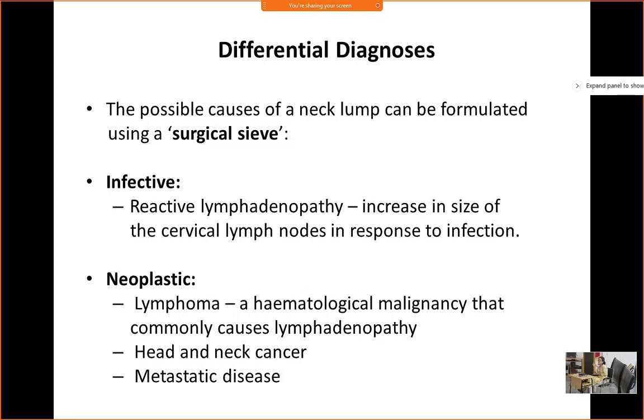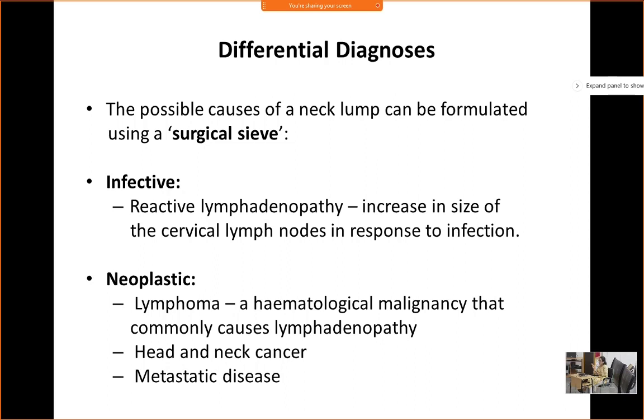If it is an enlargement of the lymph nodes, in general the most common presentation is an enlarged lymph node. That's why clinical history and examination of the node is so important.